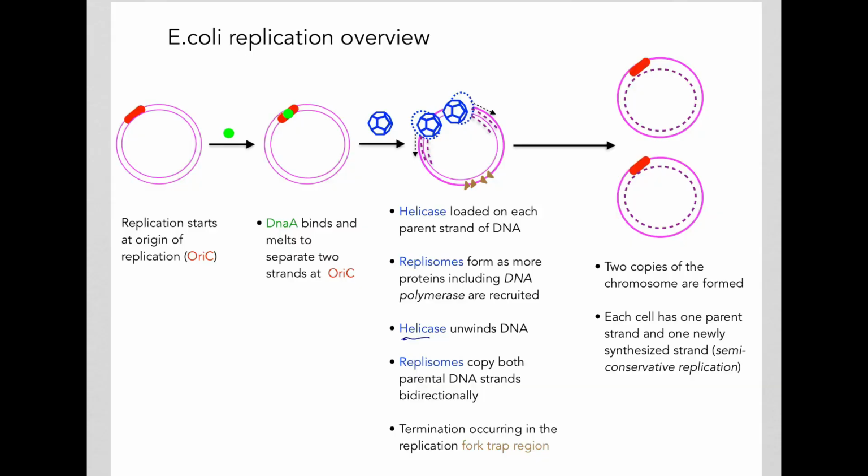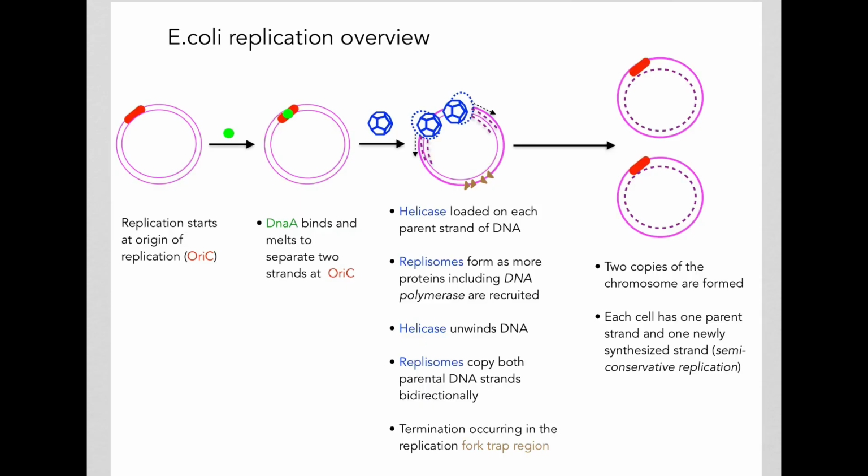The helicase will start unwinding the rest of the strands in both directions, and as the strands are unwound, the replisome will travel and copy the two strands, one replisome going in one direction, the other replisome going in the other direction.